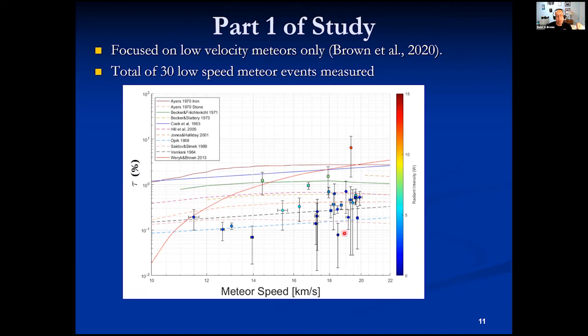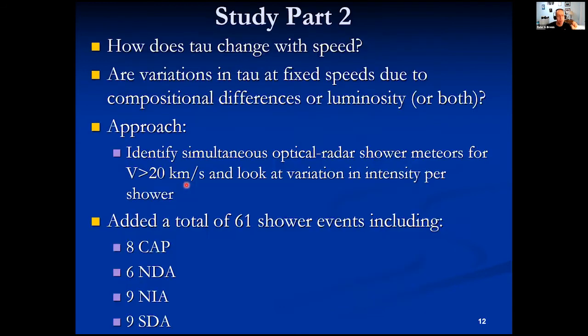There is a little bit of a trend here that the fainter the meteor, the lower the luminous efficiency appears to be. And that's a trend that previous people had suggested or discussed. But our question here was, is this variation really due just to the luminosity, or is it due to changes in composition? Because of course, these are all from different sources. These are all low velocity meteors.